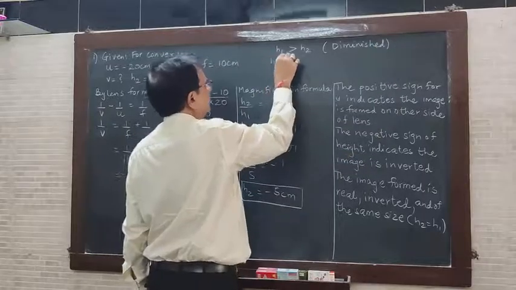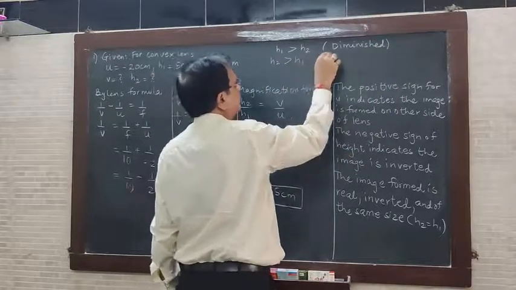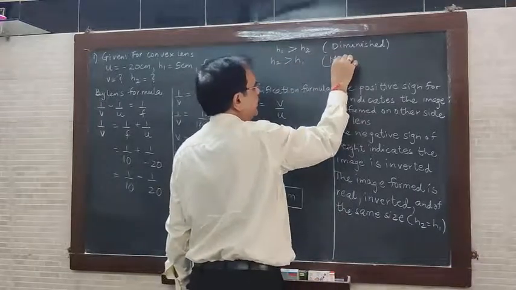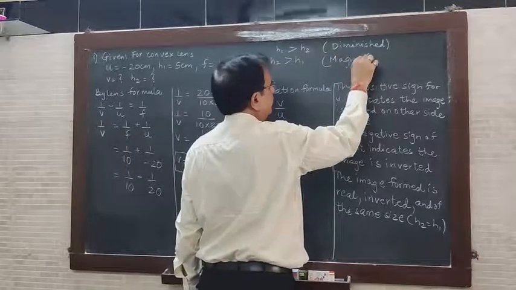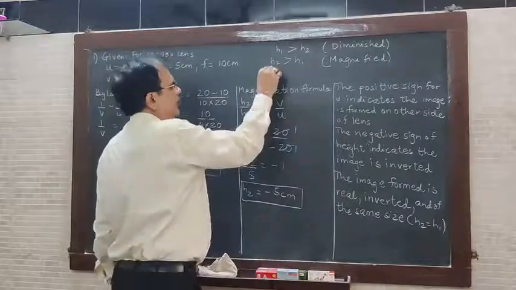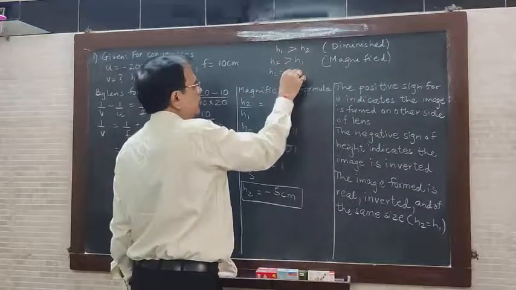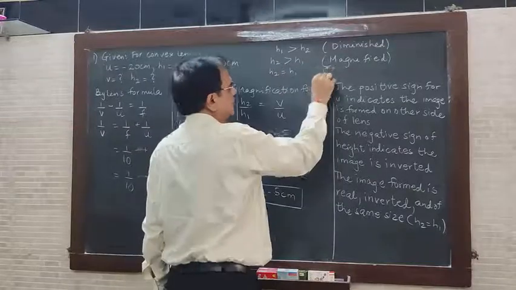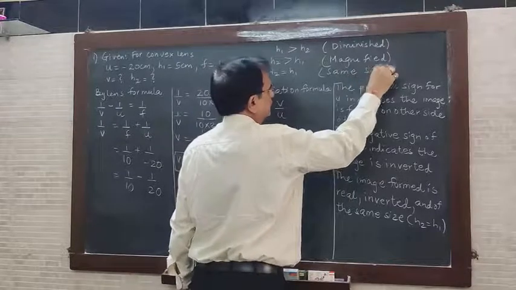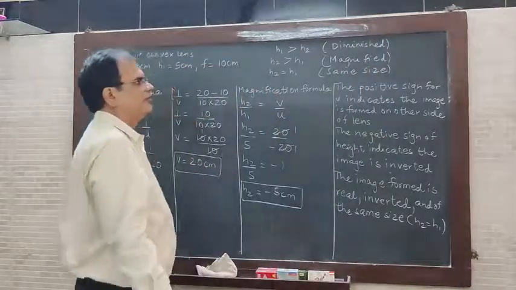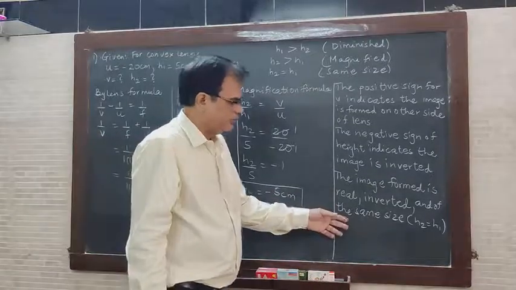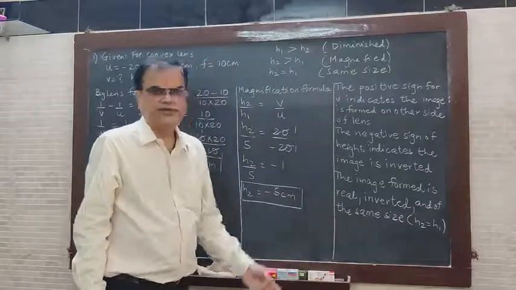If the height of the image is greater than the height of the object, the image formed is magnified. And if the height of the object is equal to the height of the image, if both are of the same size, then the image formed is of the same size. So this is the nature of the image. So you can describe it this way. Okay.